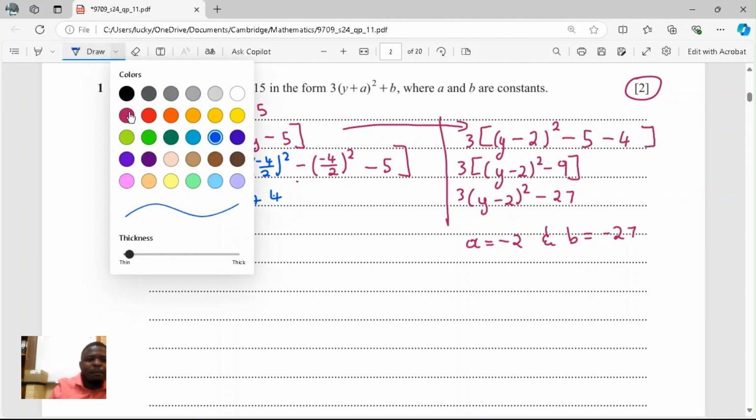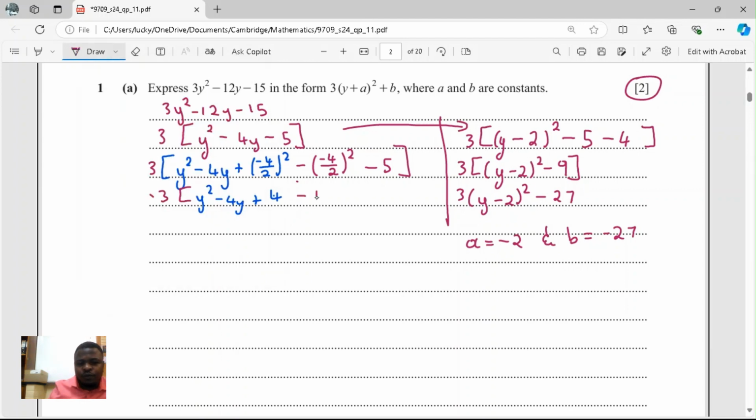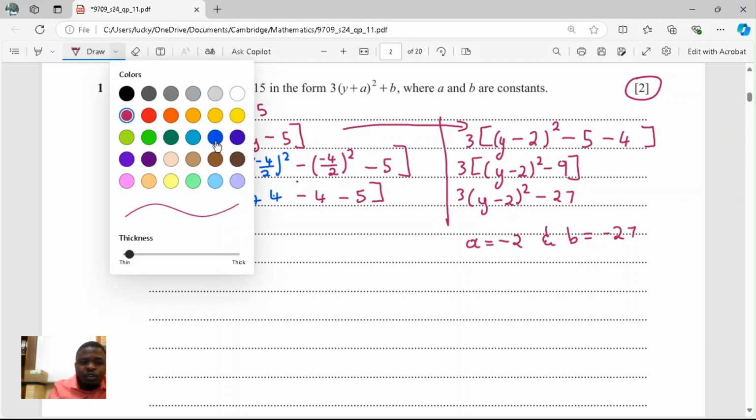Then I have my minus 4 at the same time, then minus 5. So what I have done, I've added a 4 and subtracted a 4, so I've basically added a 0. I did not do anything. I did not disturb this in any way.